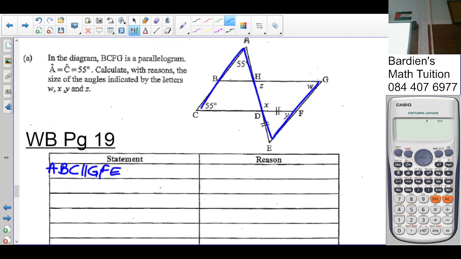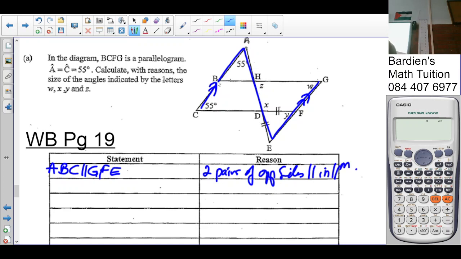Why is that the case? Because two pairs of opposite sides are parallel in a parallelogram.